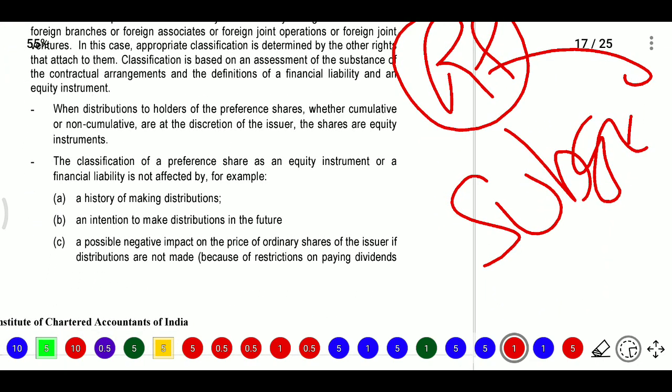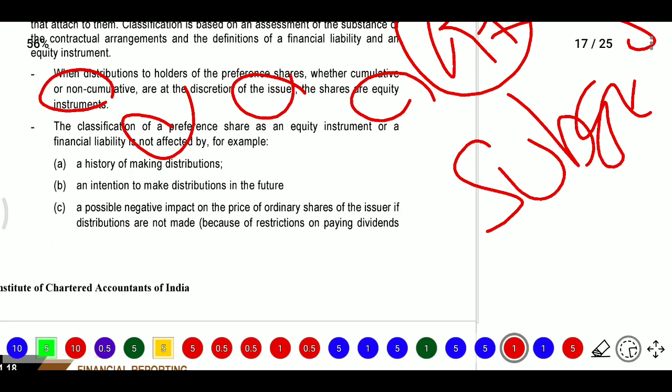When distributions to holders of preferences, whether cumulative or non-cumulative, are at the discretion of the issuer, it will become an equity instrument. And the classification of preferences as equity instruments or financial liability is not affected by, for example, a history of making distributions. Last year or the year before we may have made distributions, but the history does not determine classification, because last year may differ from this year.